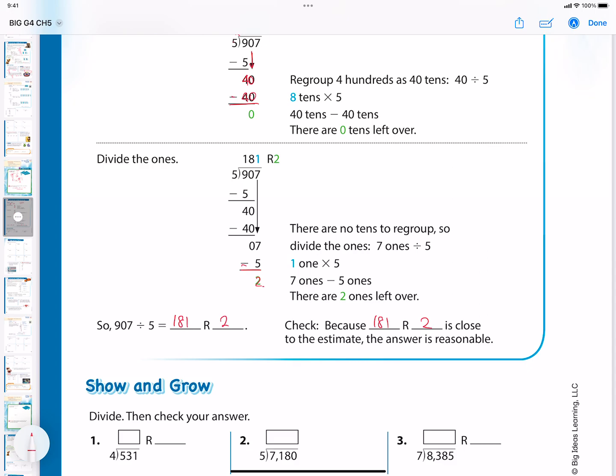Or you can also do 181 times 5, and then add the remainder 2 at the end. So 5 times 1 is 5. And 5 times 8 is 40. Carry 4 up. 5 times 1 is 5. 5 plus 4 is 9. So 9, 0, and 5 plus 2 is 7. 907. So you can say my quotient is reasonable. All right?